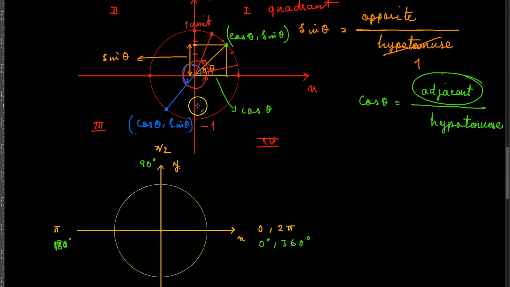For example, if your angle was some angle like this, then the height would be this height over here, measured from here all the way up to here. And that would be something like 0.7, but this time it would be negative 0.7, because down here everything is negative. Up here everything is positive.